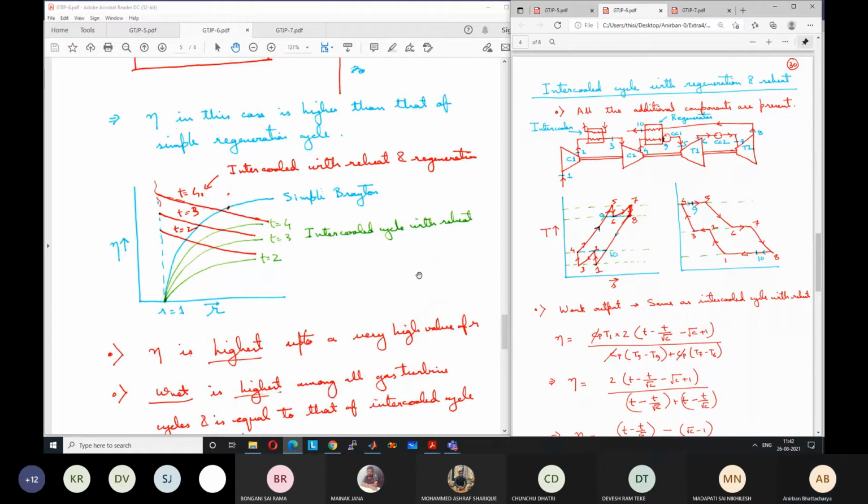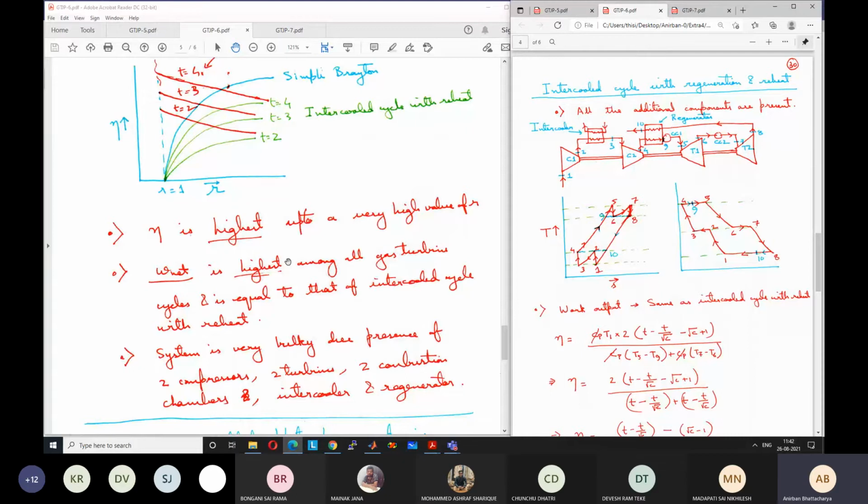Then Brayton with intercooling, Brayton with intercooling and regeneration, Brayton with intercooling and reheating, and Brayton with intercooling, regeneration and reheating. So 4 plus 4, 8 cycles we have seen. Efficiency is highest among all these 8 cycles up to a very high value of R. Not an unlimited value, because at some point simple Brayton will have higher efficiency.